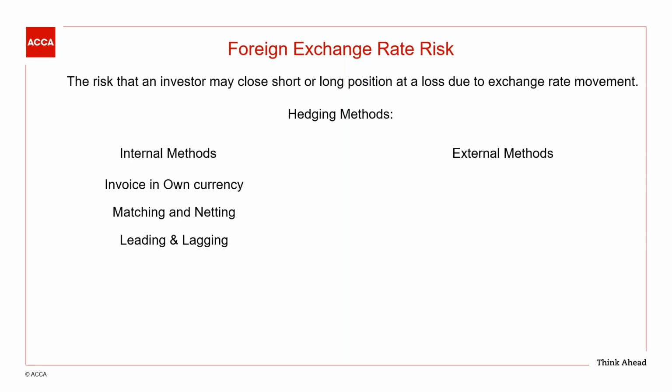Later on, you changed your mind and you don't need that machinery anymore. But you cannot escape from that forward contract. You have to fulfill it. That is one of the problems of the forward contract. It's a binding contract.